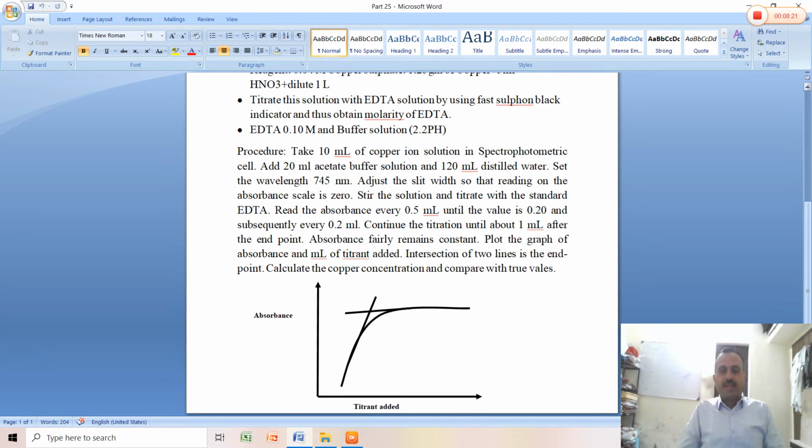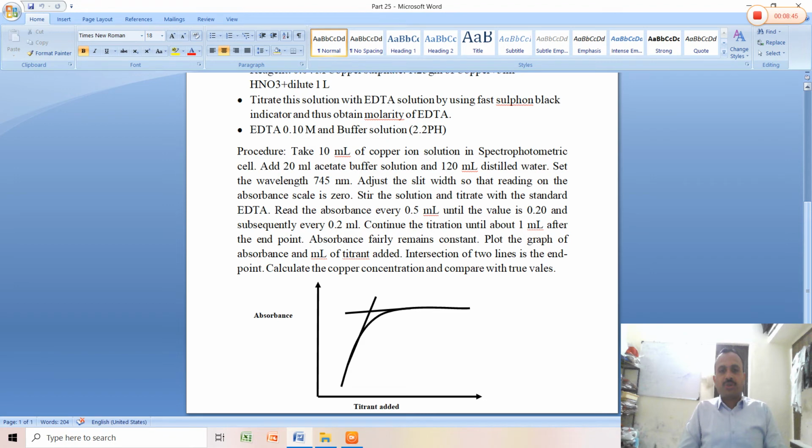Set the wavelength to 745 nanometer. So for this, the instrument should have the lambda max value to be selected as 745 nanometer. Adjust the slit width so that the reading on the absorbance scale is 0.